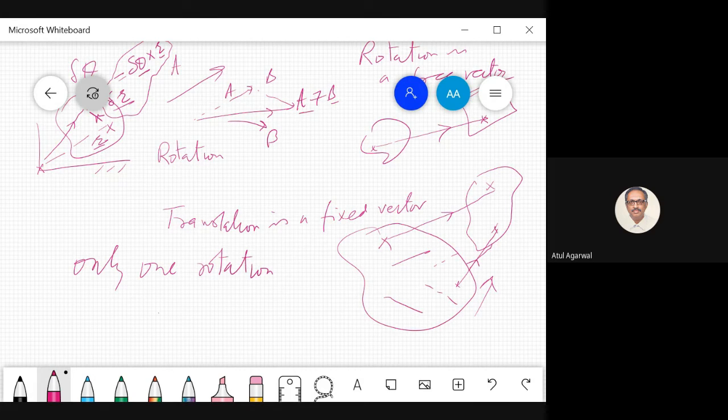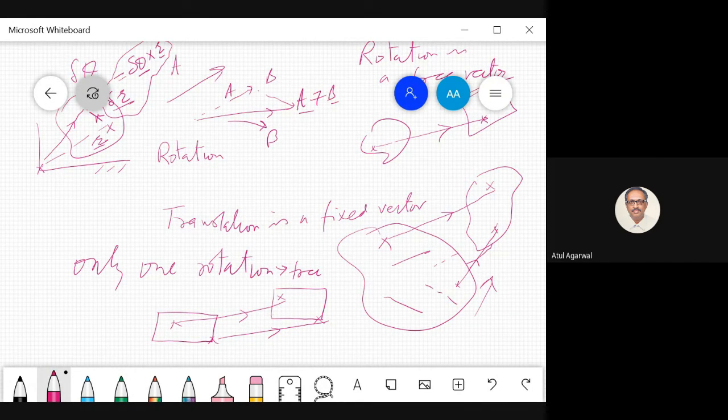But if you had a pure translation, entire body has a pure translation. Now displacement as a vector is same for every particle. So in this case, your displacement becomes a free vector. But for a general rigid body motion, rotation is a free vector, while translation is not a free vector. That's a fixed vector.